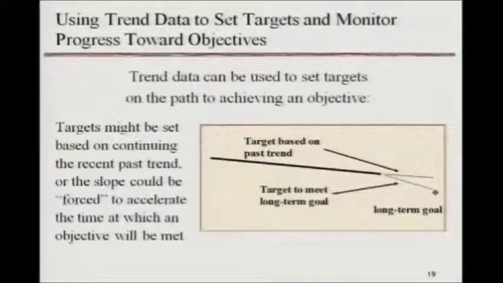Or you might say, we want to be able to meet the 2020 goal, so we're going to set ourselves a more challenging target. We're going to change the slope of the line. Yes, we're doing okay, but this is one of our priorities.